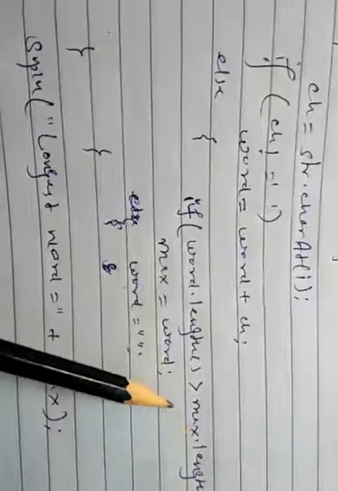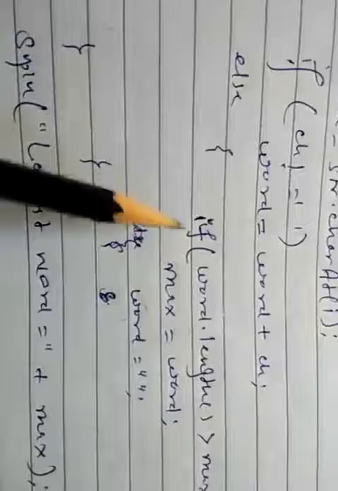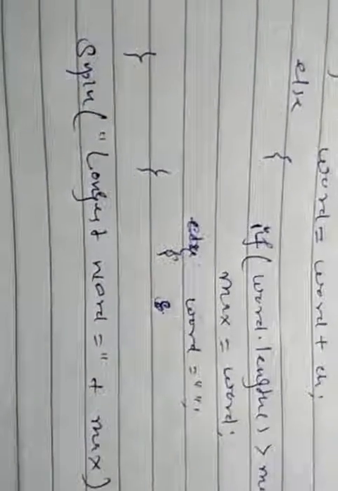In max there is human, so that will be replaced with the latest word, resource. Similarly this will go to the last. If the next word is greater than the max word, then max will be replaced by that, and at the end we are printing the longest word equals max.